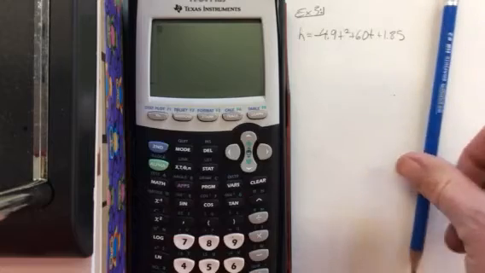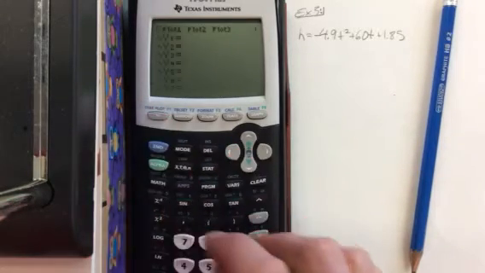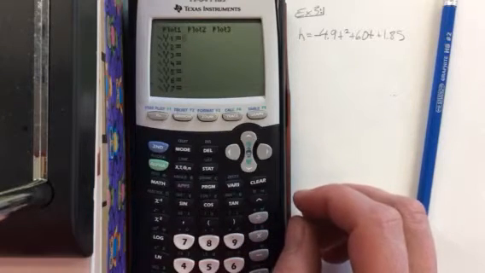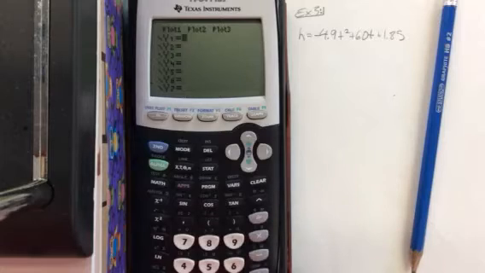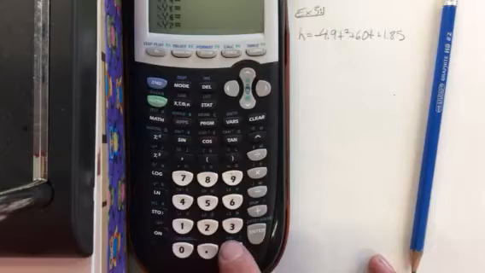So what we're going to do is hit our y equals button here, and that's going to bring us up with a whole bunch of y options. And we're going to use the negative button, which is this little one down here, negative.